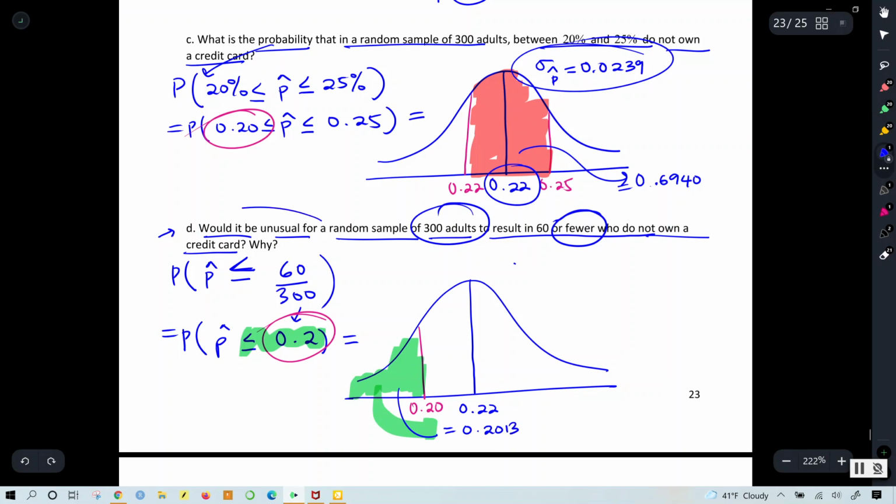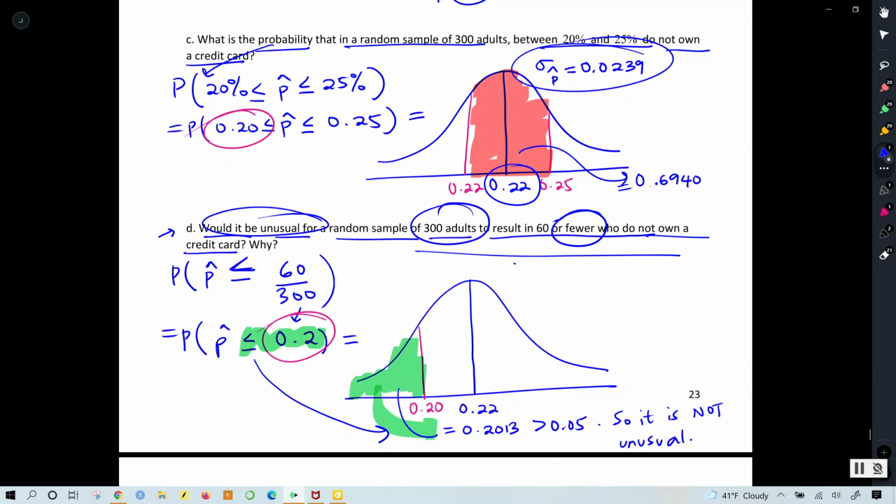When is an event unusual? It is if the probability is lesser than 0.05. In this case, the probability we have just obtained for this event is greater than 0.05. So it is not unusual at all, since the probability is not lesser than 0.05.